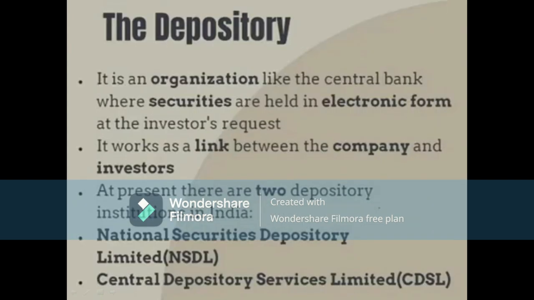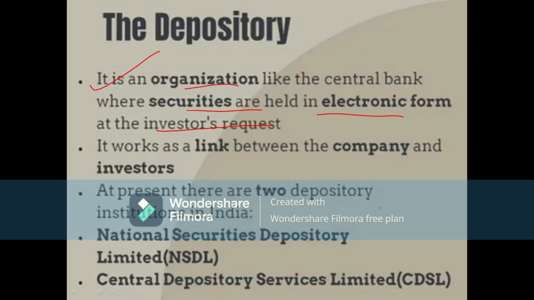So what is a depository? A depository is an organization, like a central bank, where securities are held in electronic form at the investor's request. As a bank acts, likewise a depository acts.